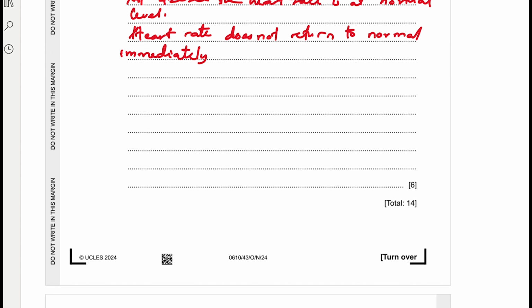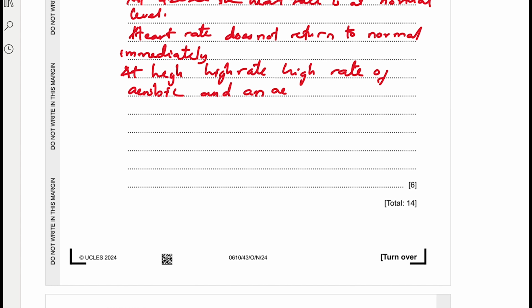Then at high heart rates, it means there is a high rate of aerobic and anaerobic respiration.